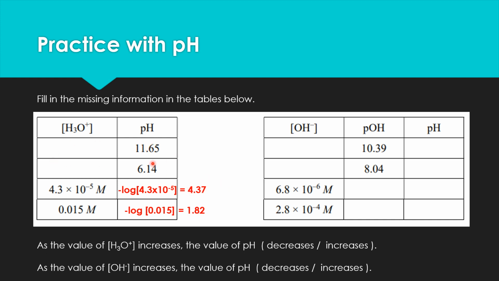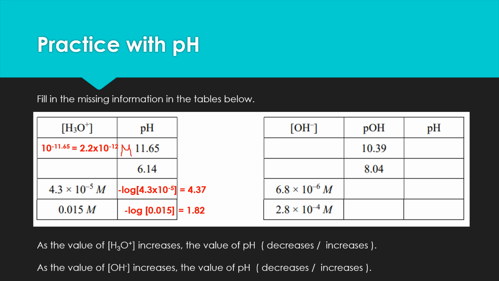Now, if we want to reverse the process, we're going to do 10 to the negative pH to find those. So I do 10 to the negative 11.65, and I should get 2.2 times 10 to the negative 12. Again, this has two decimal places in our pH, so two sig figs in our concentration, and I should be putting molarity after those.